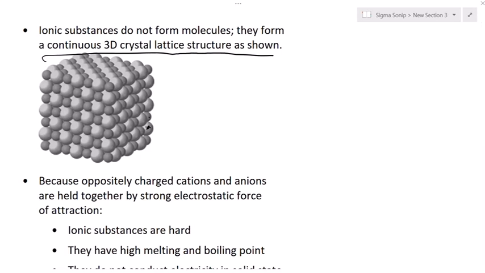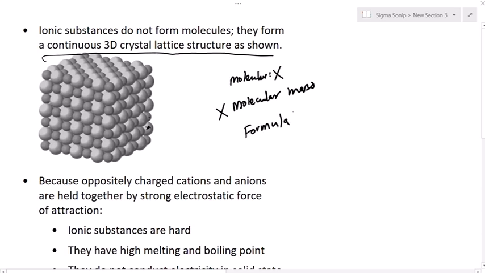So we do not have a molecular formula here, but we have a formula, though it's not molecular. Likewise, we have been talking about molecular mass, but molecular mass is not relevant to ionic substances because there are no molecules here. Instead, we talk about formula mass. This is the term more relevant to ionic substances.